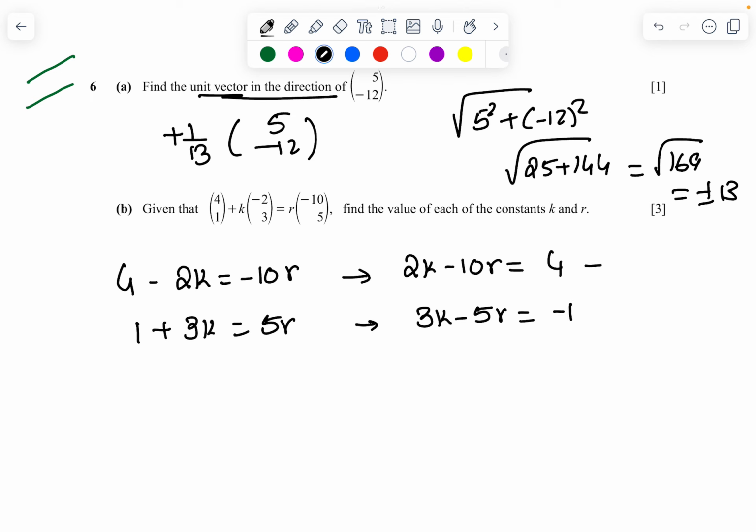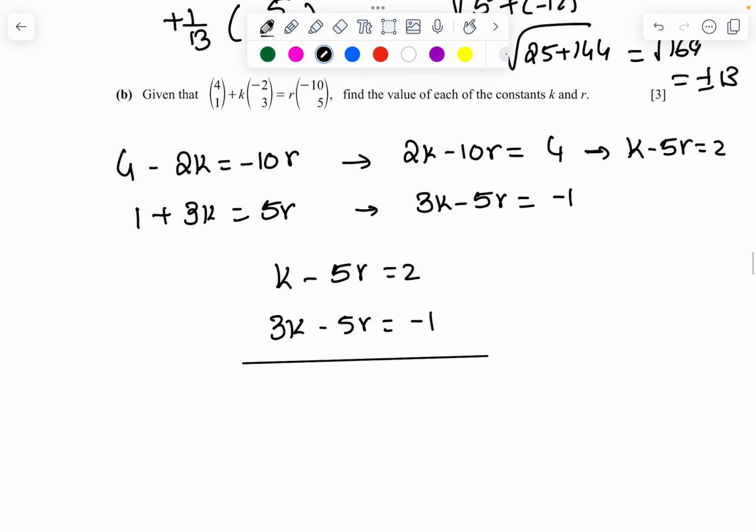When I divide this one by 2, it becomes k minus 5r equals to 2. So k minus 5r equals to 2, 3k minus 5r equals to negative 1. Then change the symbols, minus plus plus. So 5r gets cancelled. What do I get out?